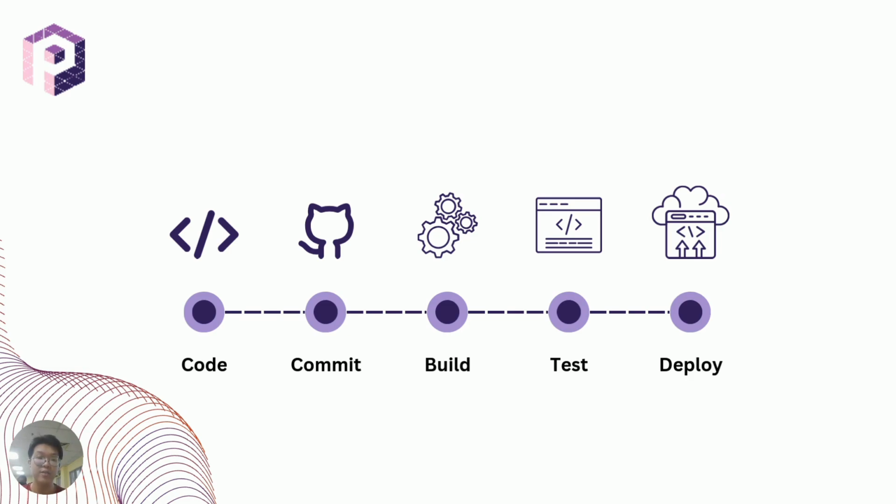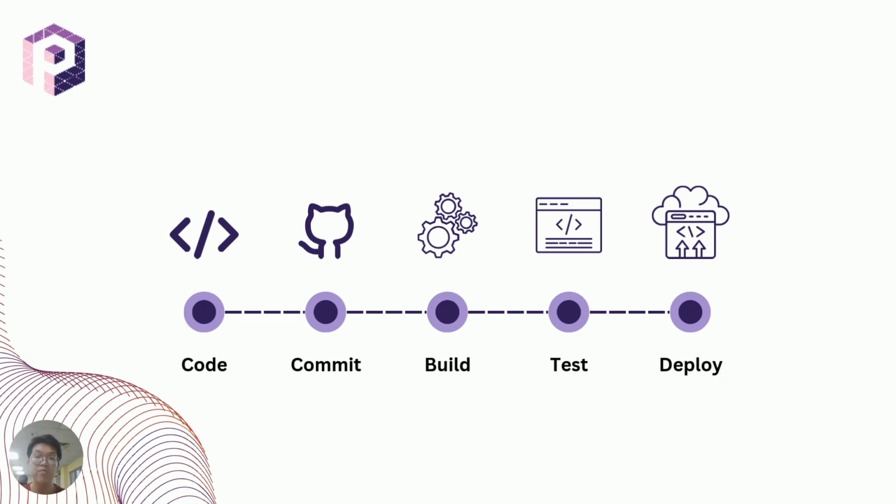Imagine a software developer working on features of a website. They check out and branch, develop the code, and then commit and push to a central source code management tool like GitHub.